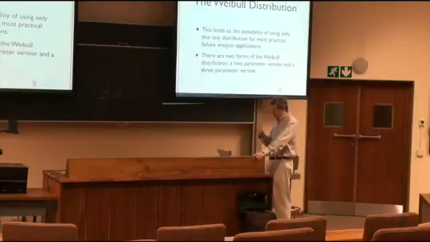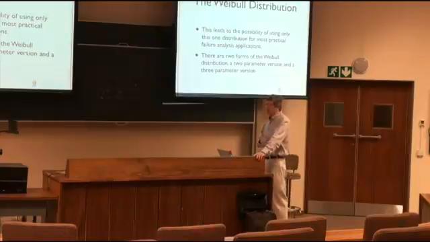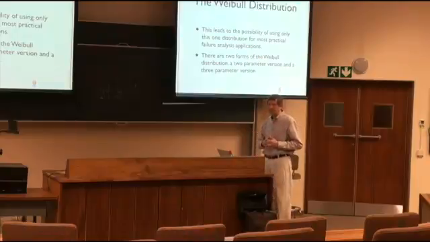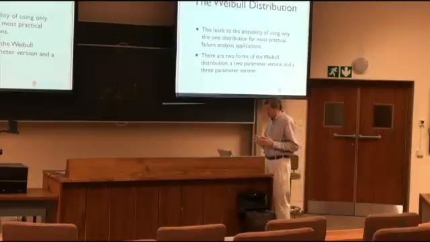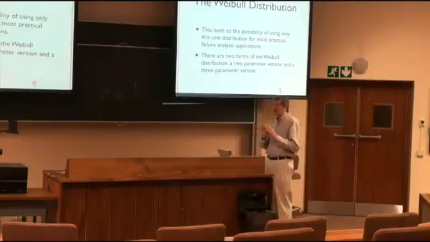Now we say that there are two forms of the Weibull distribution, a 2-parameter version and a 3-parameter version. Now maybe just by introduction to those two distributions, the 2-parameter version just looks at the shape of the distribution or the shape of any of those functions.